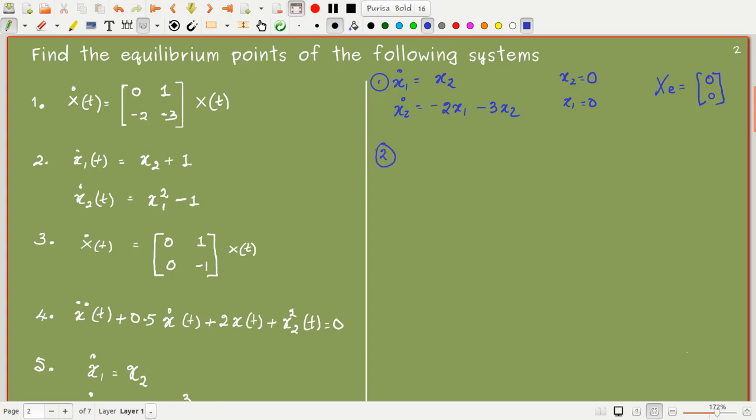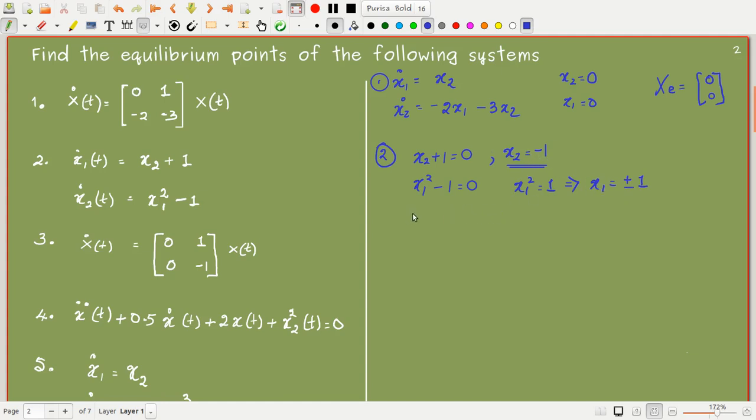The second one is a nonlinear system. We write x2 plus 1 equal to 0, that means x2 equals minus 1. That is the x2 point. Now what about the x1 point? x1 squared minus 1 equals 0, that means x1 squared is equal to 1. This implies x1 is equal to plus or minus 1. So how many equilibrium points are there here?